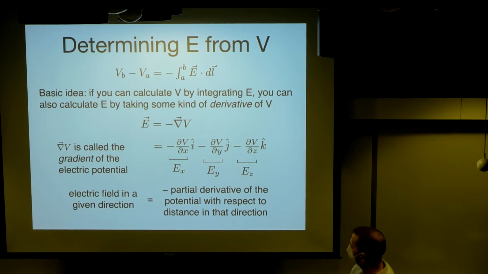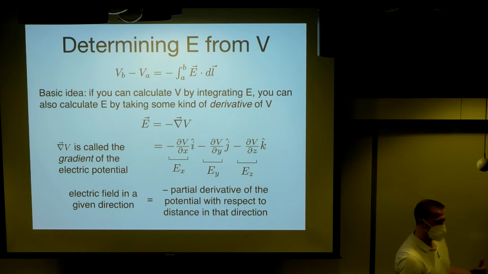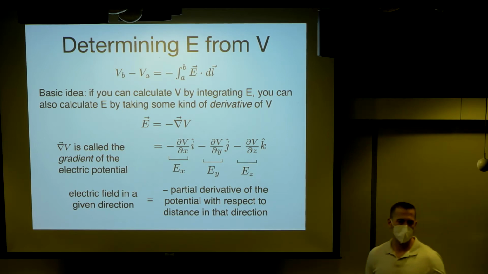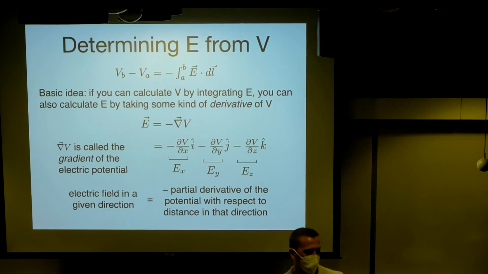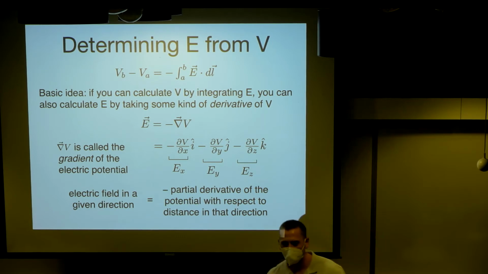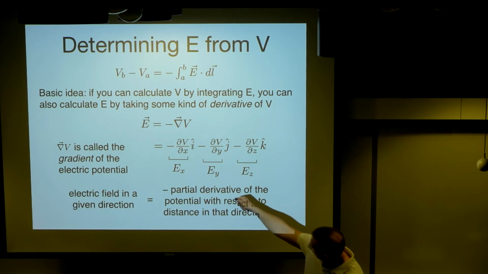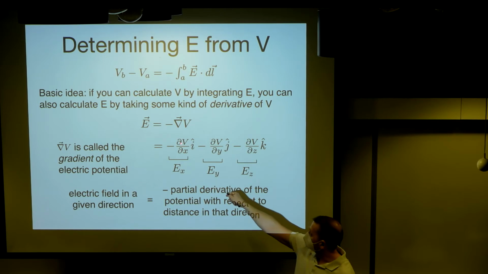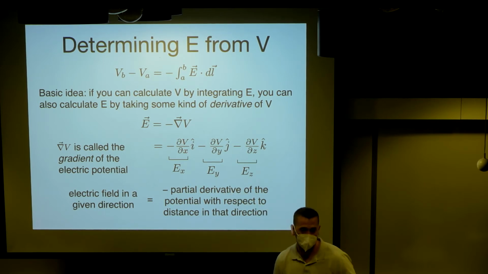Now what does this actually mean when we take the gradient? Well, let's say we're working in rectangular coordinates, x, y, z, okay? This is how it would work. I would look at my first term and see that it's minus the derivative of V with respect to x, accompanied by the i hat unit vector. So in other words, the x component of my E field is just minus the derivative of my potential with respect to x, okay?